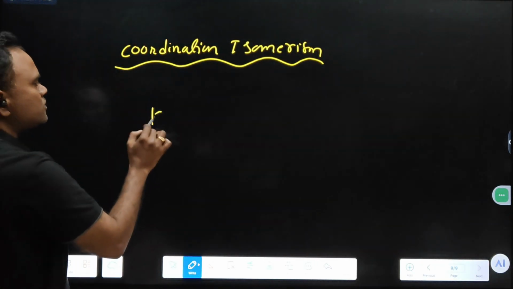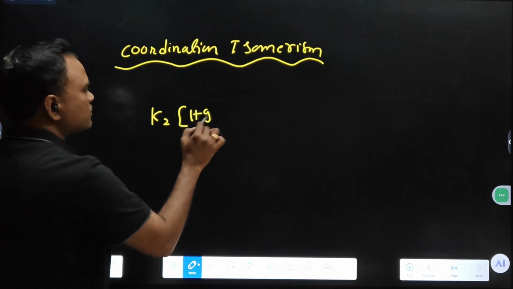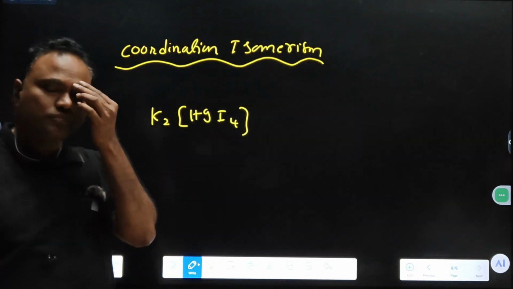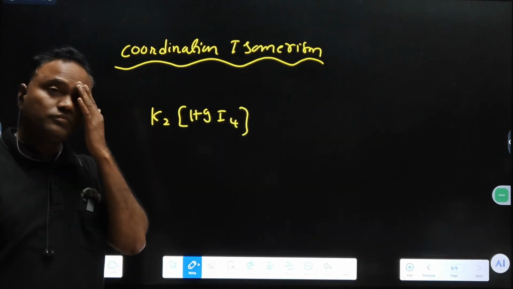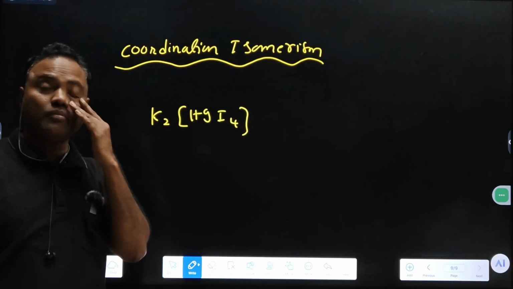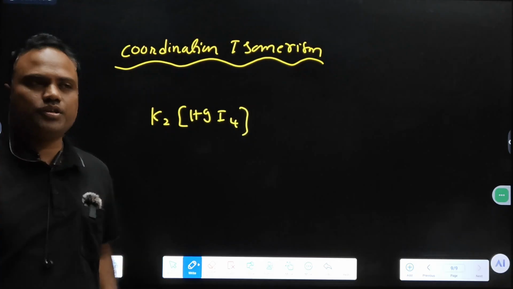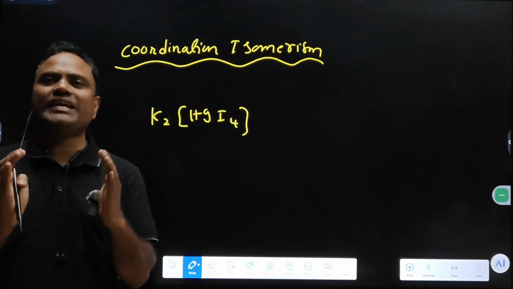Once see this, you tell me what is its name? I am asking the general, common name. Nessler's reagent. You tell me, in this, how many coordination entities are present?